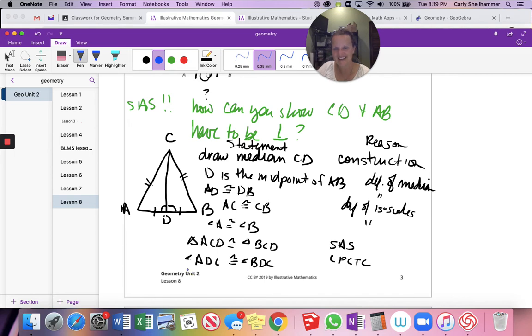Now, angle ADC and angle BDC are a linear pair. And that's the definition of linear pair.